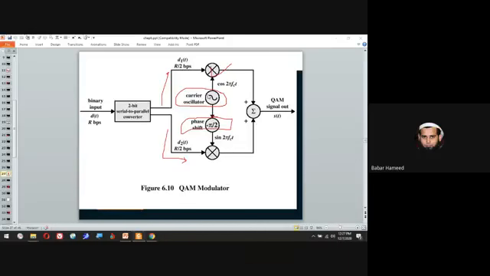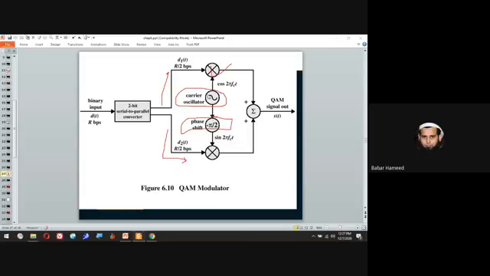The input is a stream of binary digits with a data rate of R, and if the data rate is R, what will be the duration of 1 bit? Exactly, the duration of 1 bit will be 1 over R, or I can say that TB is the width of each bit.